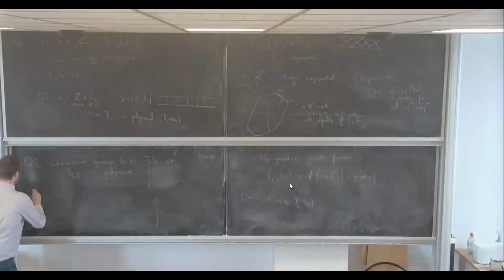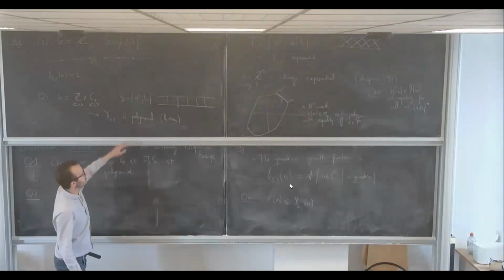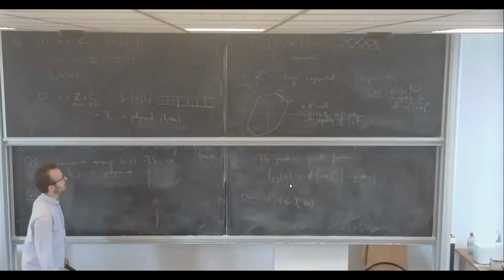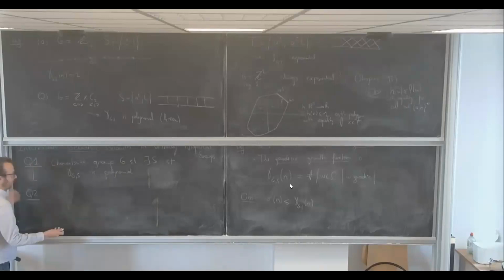And the second question. We have some cases where it's exponential, some cases where it's polynomial. It cannot be greater than exponential because you have at most as many geodesics as words, and you have exponentially many words. The second question is, can you have something in between?